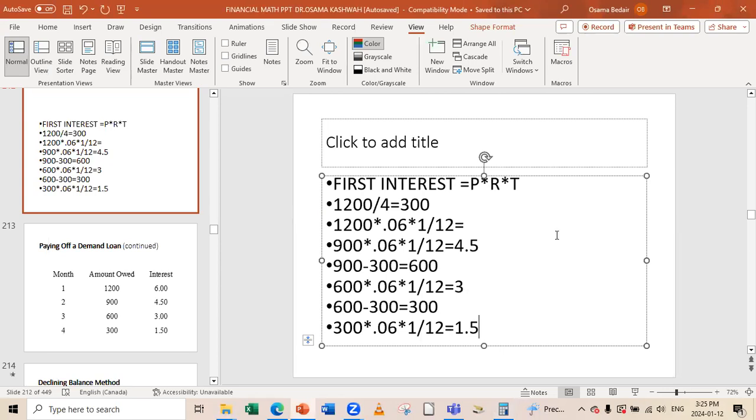So how much did I pay as interest for the whole loan?